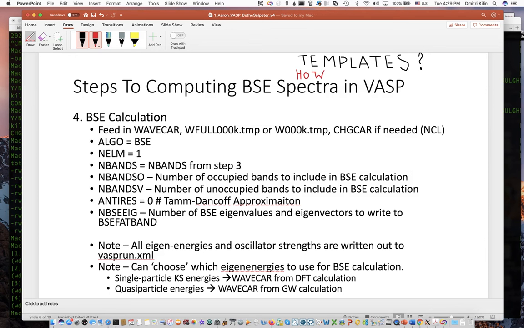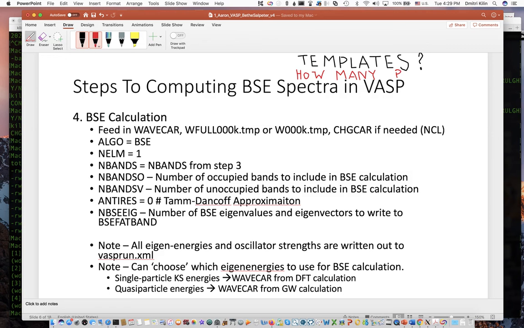So you want to make sure that you have the same bands that you've been using for all the previous calculations. Otherwise, VASP might shut down right away, or it might not start the calculation.